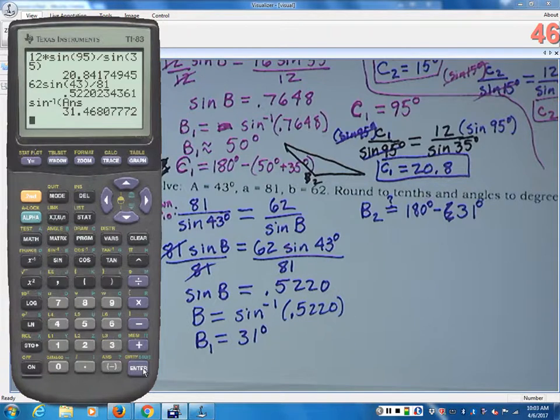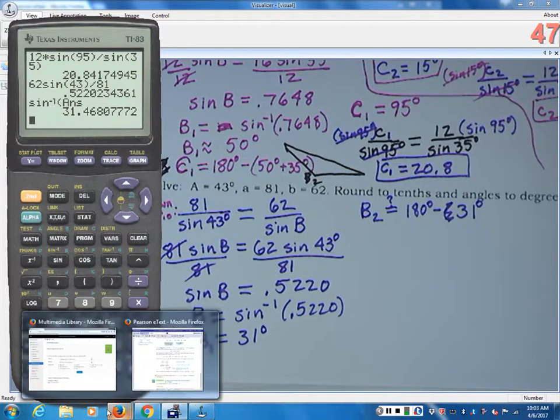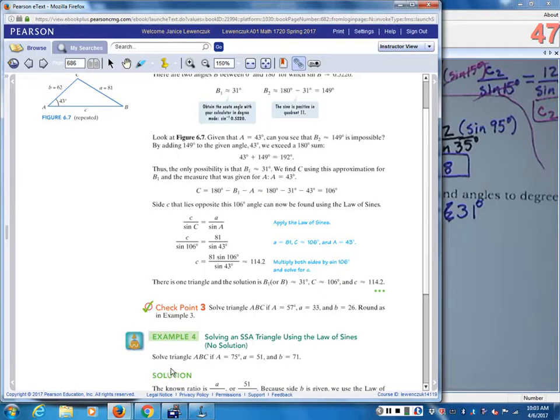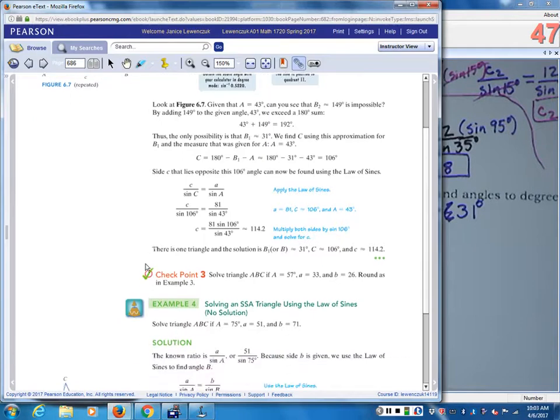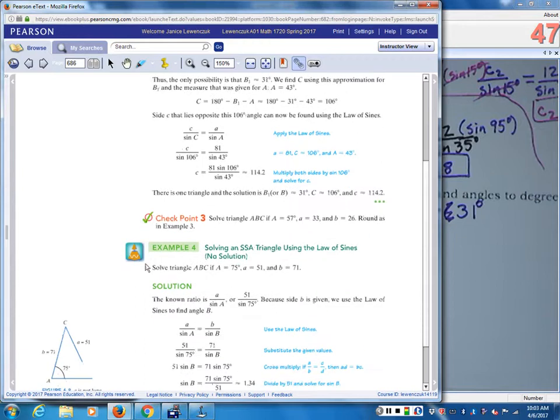You know, the book tells you how to find out how many triangles there are. It shows you how to find H. It's B sine of A. So yeah, the book is really good.